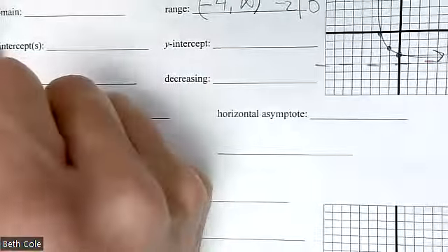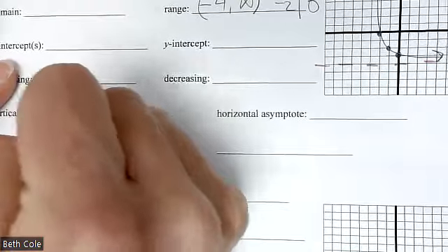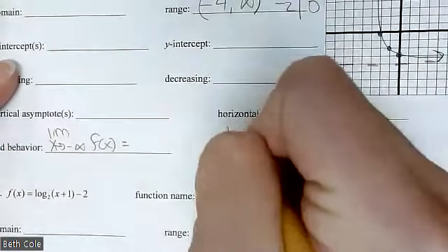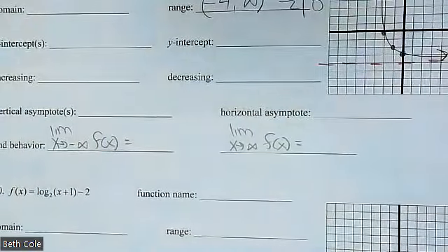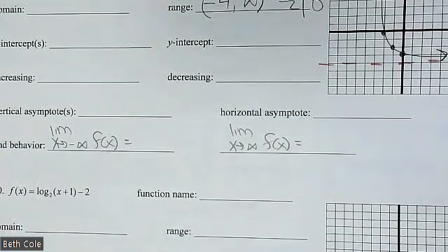And then we're just going to do the ends for that one. So limit as x arrow negative infinity of the function, limit as x arrow positive infinity of the function. Again, the pep talk is it's shorter than the way you did it last year, so it's actually less work.